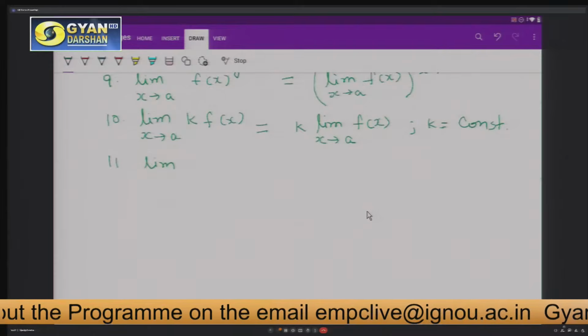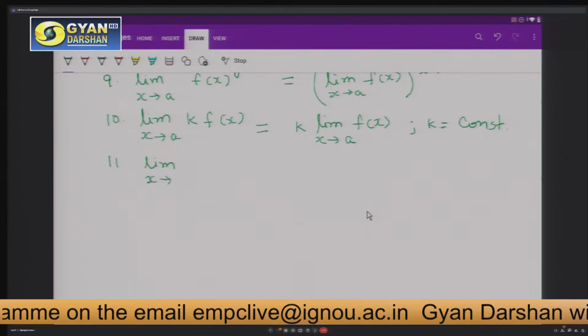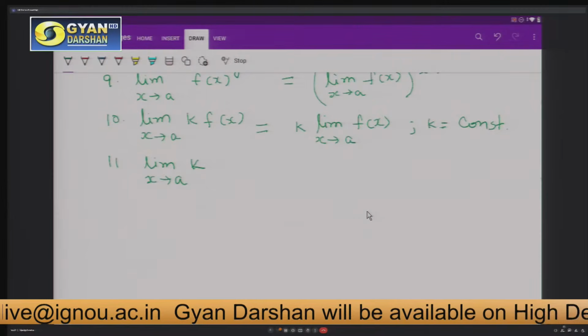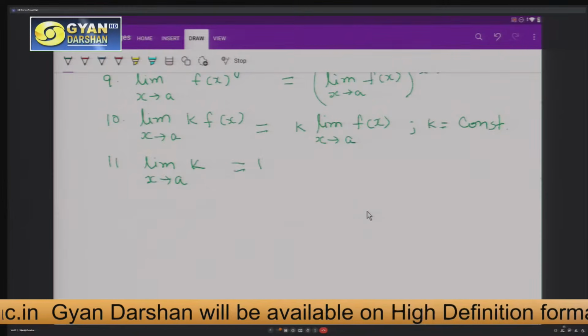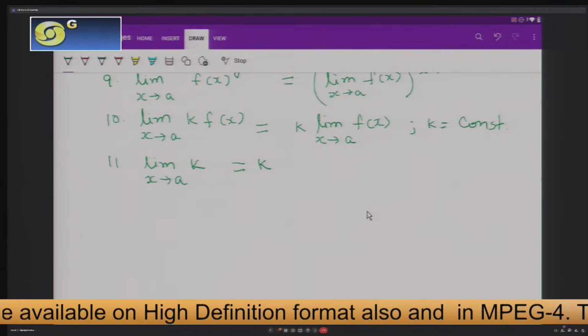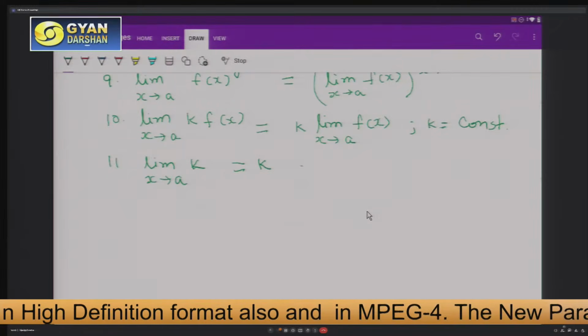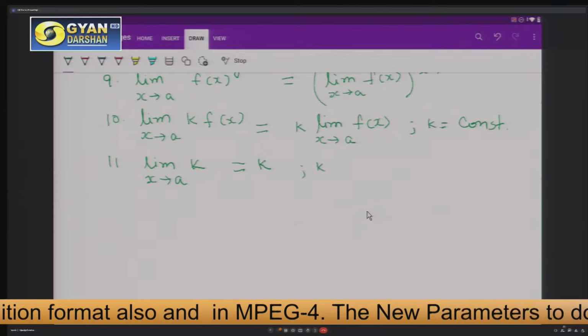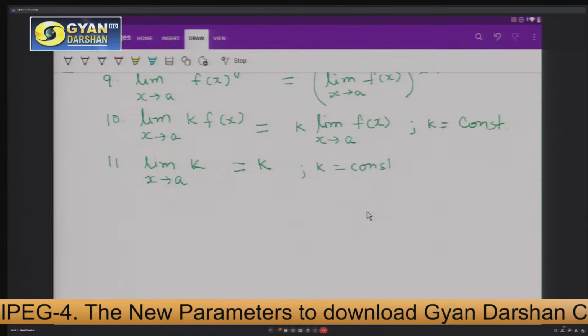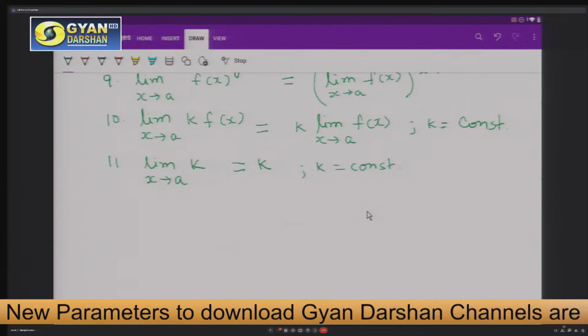In the case of a simple constant, its value will be equal to k because it's not changing, so it is not dependent on x. It will remain the same.